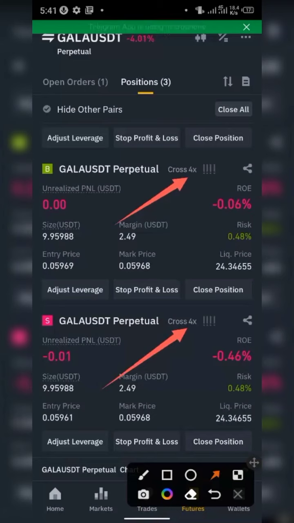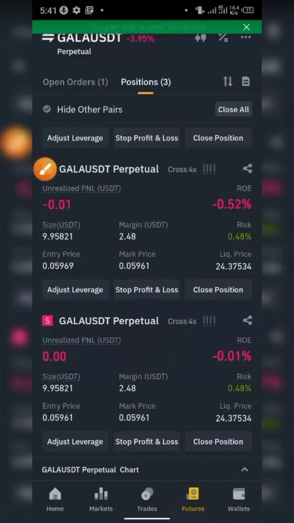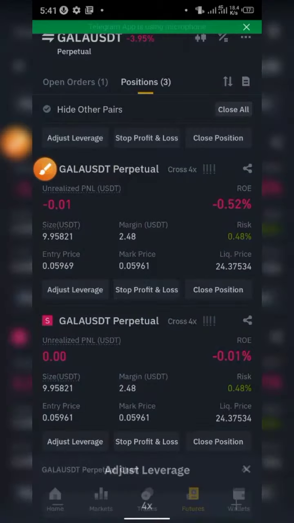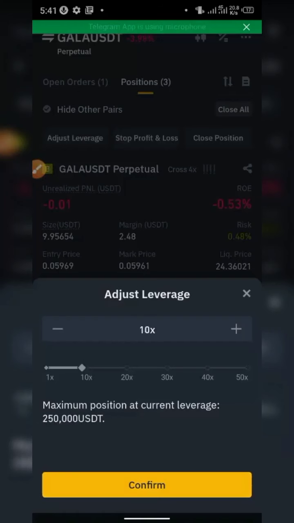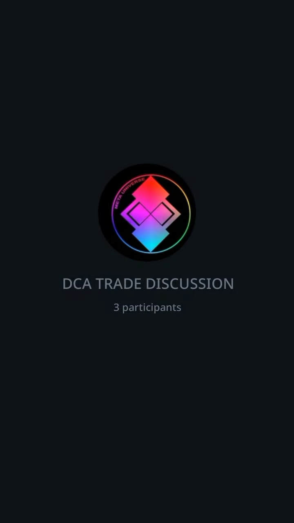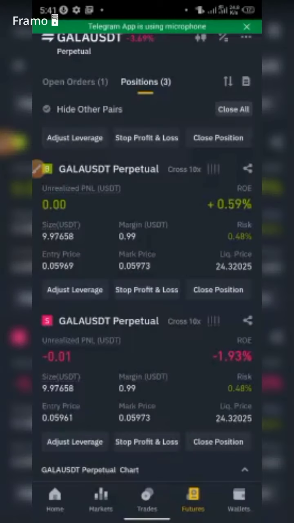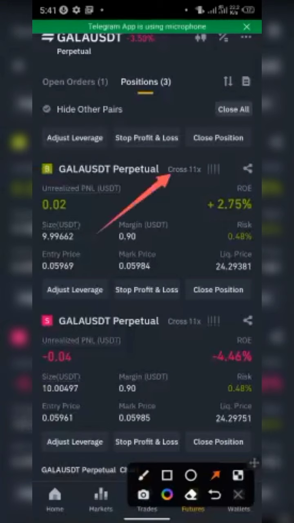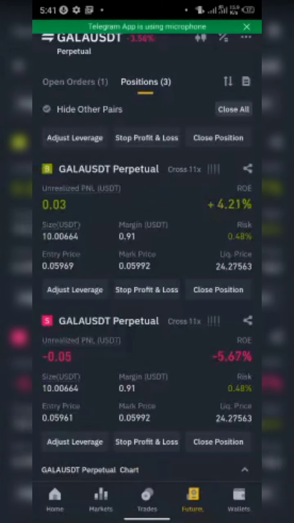Even if I adjust leverage, let's say I will adjust my leverage to 10, automatically the leverages will change. So you see the two leverages are the same.